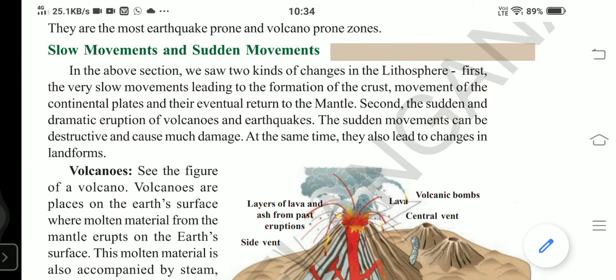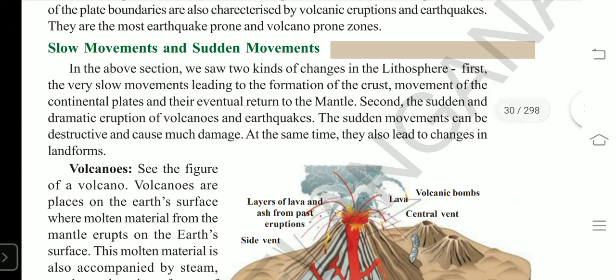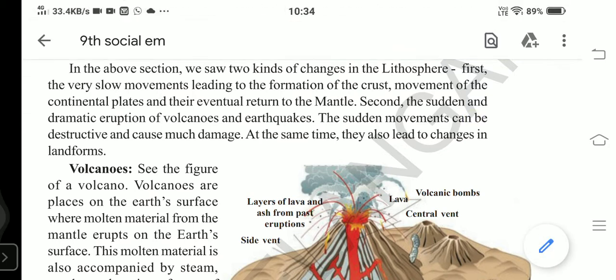Due to the high temperature and the pressure in the mantle, a compressional force is generated, and it will try to come out to the earth's surface.